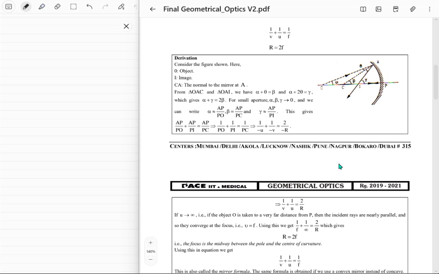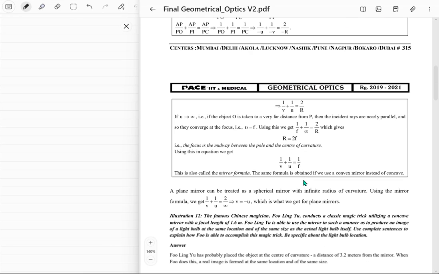The way that I did in school was that I first proved that the focal length is actually r upon 2, and then I proved the mirror formula, because of course this is much more complicated than just proving f is equal to r upon 2, right? Okay, but if you already have this, it's easy to see what the focal length is.